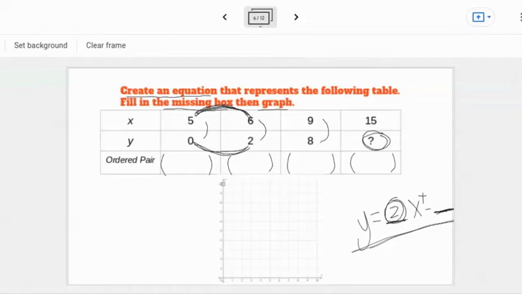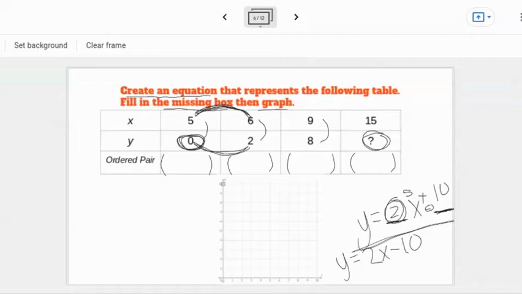Then I plug in one of my x's, so I'm just going to use 5. 2 times 5 is 10. But it says I don't want a 10 when I plug in a 5. I want a 0. So what do I do to 10 to get 0? Well, I subtract 10. Now I'm going to check that, because right now y equals 2x minus 10, and I haven't really seen any in the past that look like that, so I want to check it to make sure it's right.